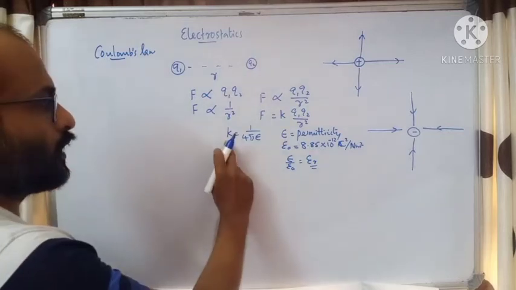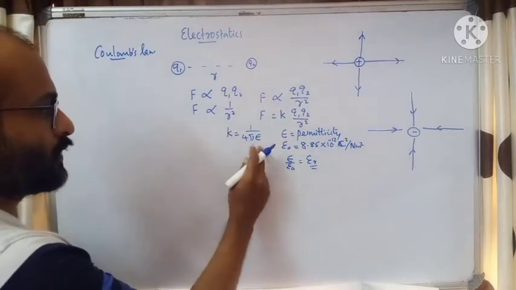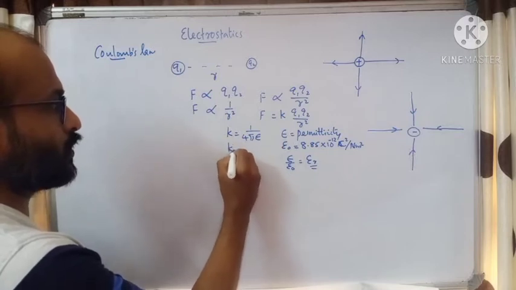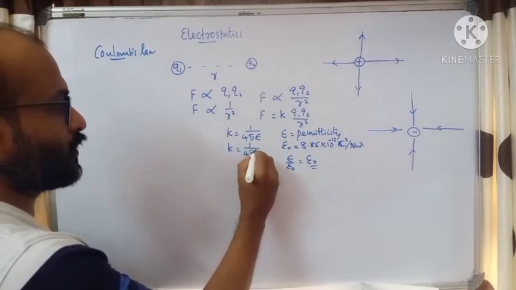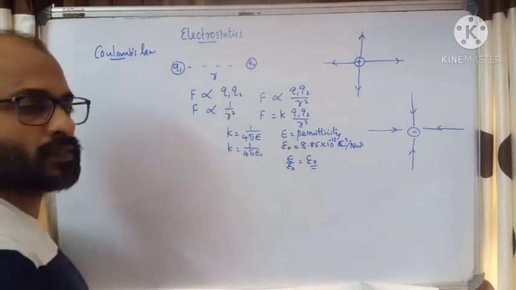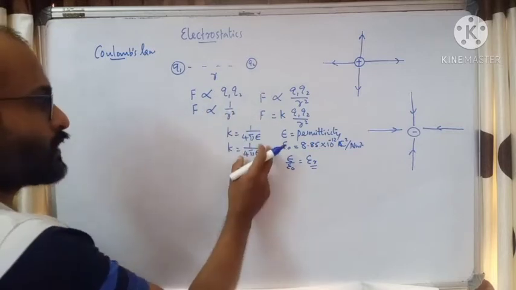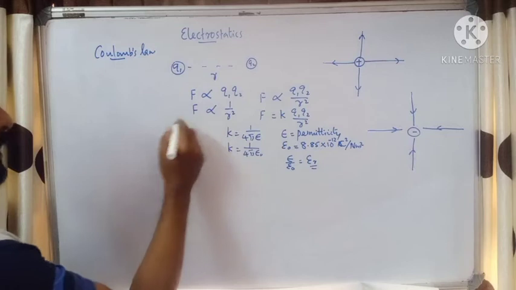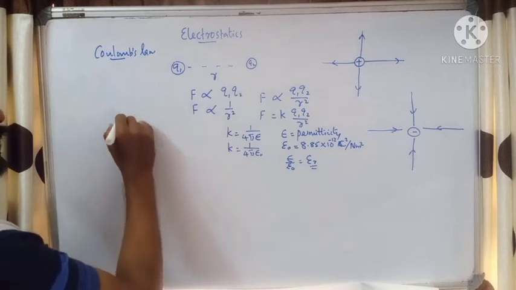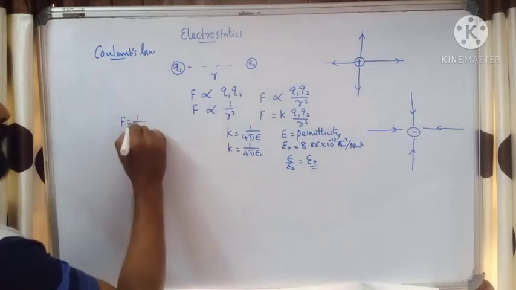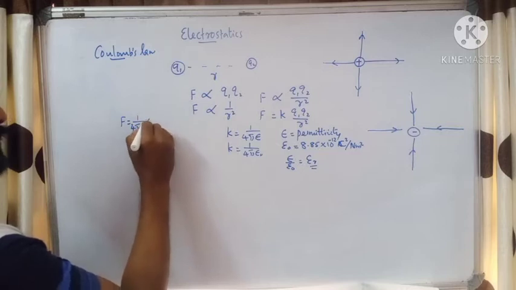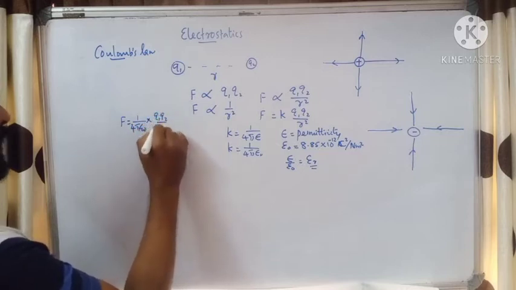Now we can substitute. If there is vacuum between the charges, K is equal to 1 by 4 pi epsilon 0. So we can write F is equal to 1 by 4 pi epsilon 0 into Q1 Q2 by R square.